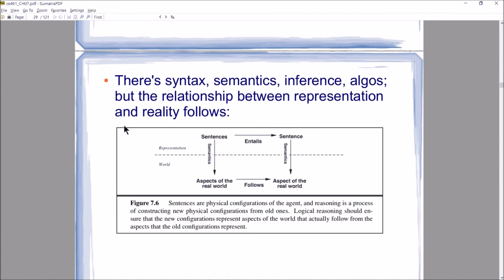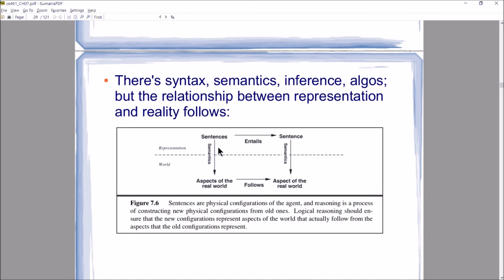Okay, so we got syntax, we got semantics, we got inference, we got algorithms. Figure 7.6 is trying to demonstrate, look, you've got these sentences, they mean things, right? And what you're doing with those sentences is you're representing something. Those sentences have meaning.